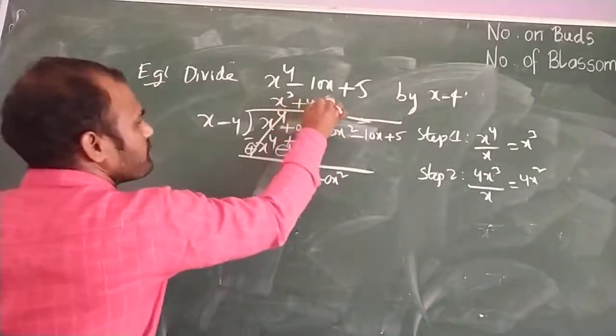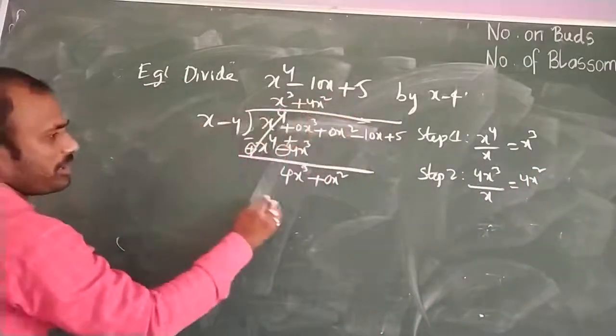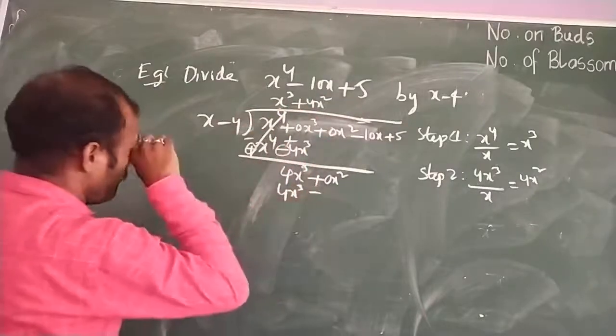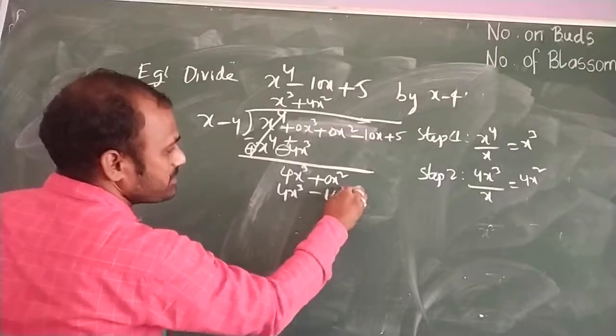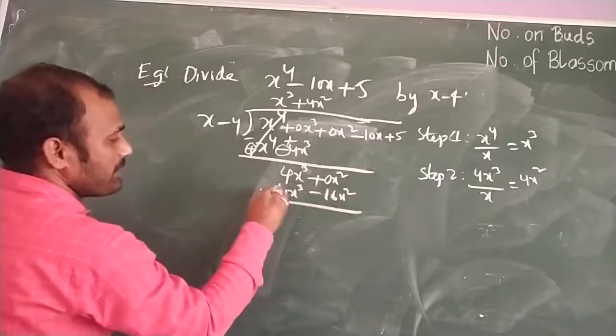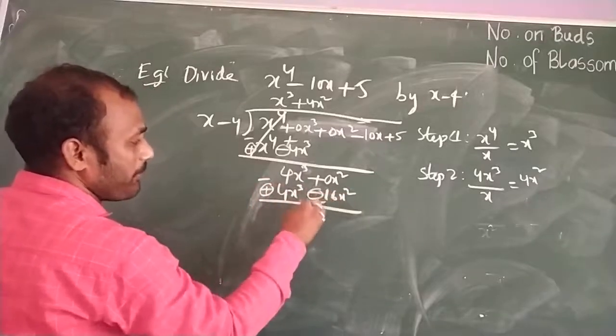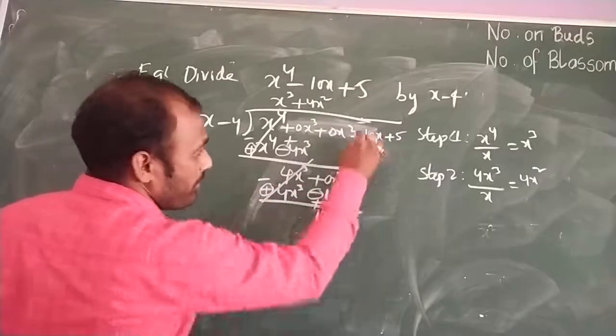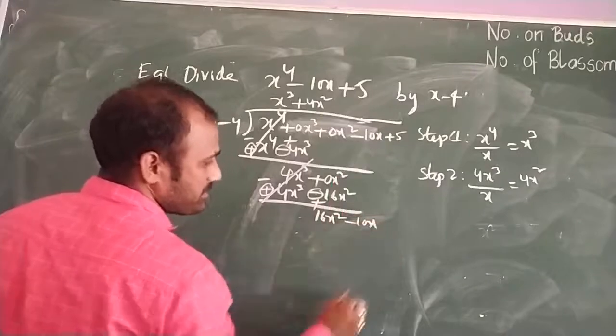Here I will write 4x². 4x² into x is 4x³, and 4 times 4 is 16x². Plus becomes minus, minus becomes plus, and this gets cancelled. So it will be 16x² − 10x.